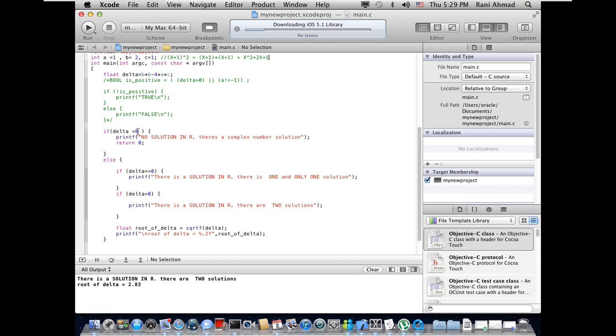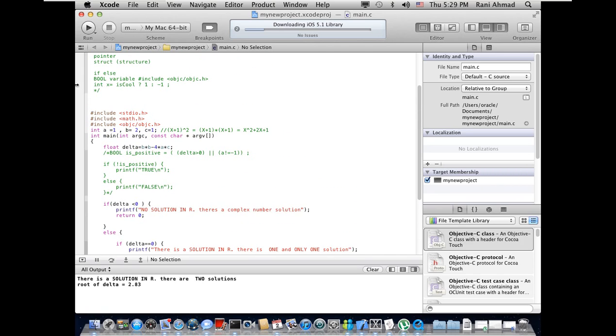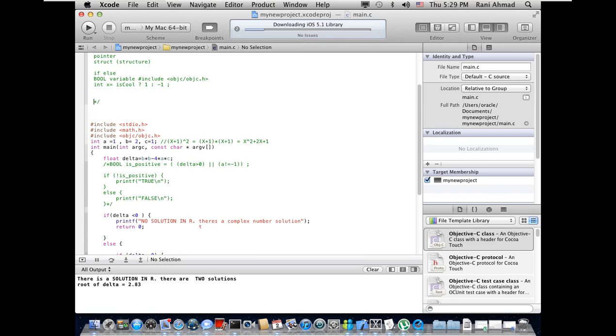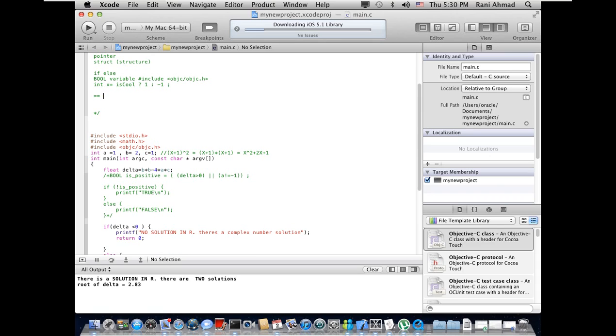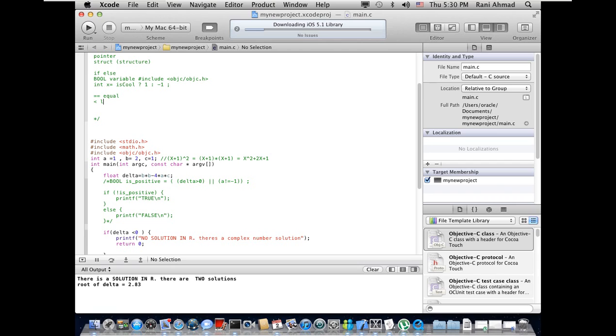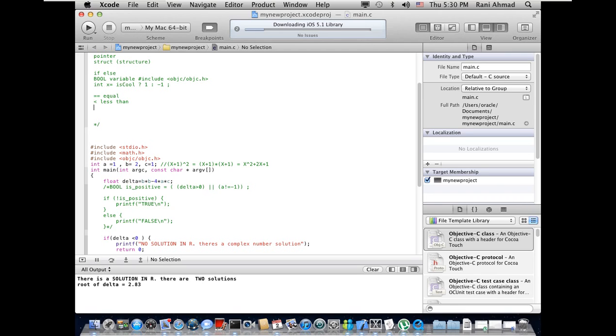Now you can make a combination of greater than, less than or equal. I will show you what they are, less than or equal, things like this. So let's use our notes over here. So this is for equality. This is equal. This is less than, and this is less than or equal.